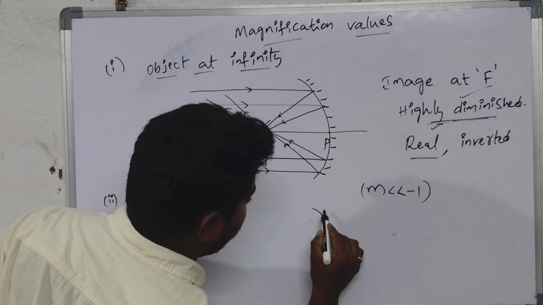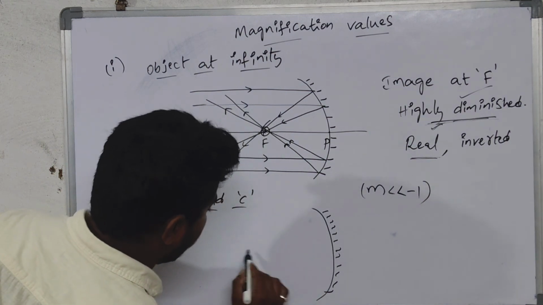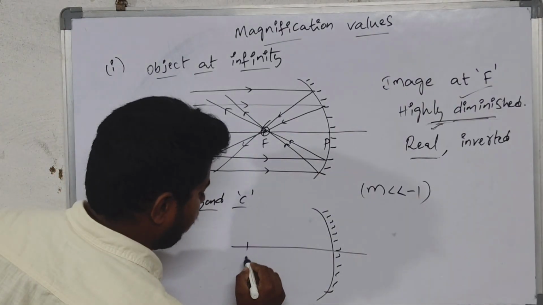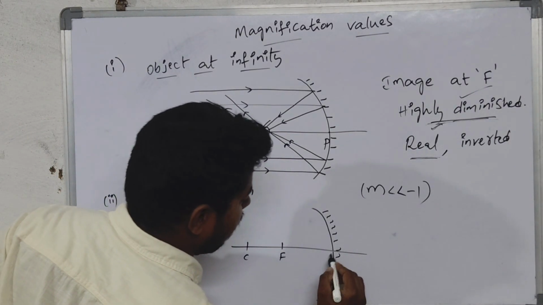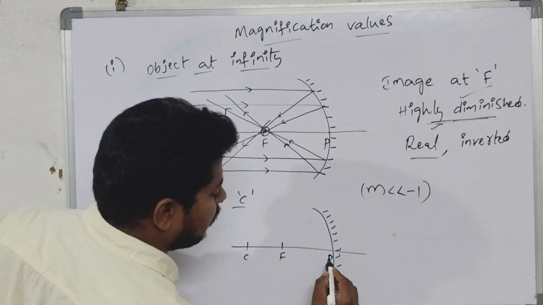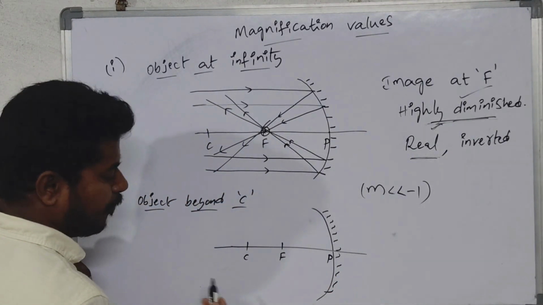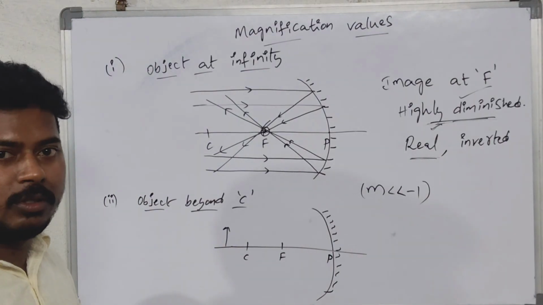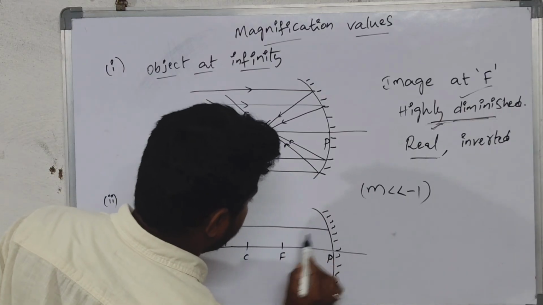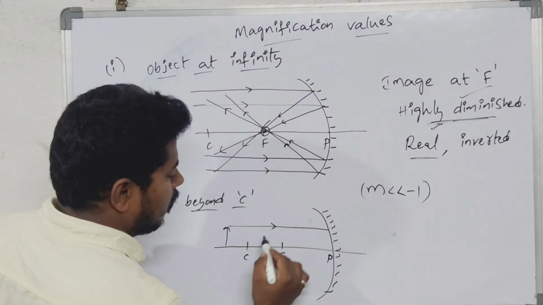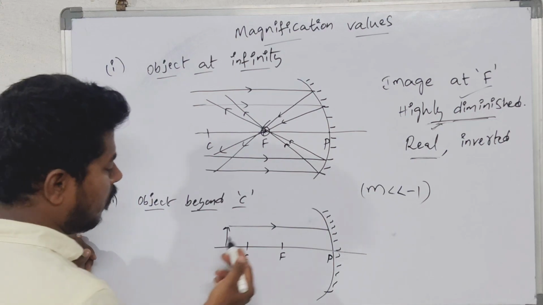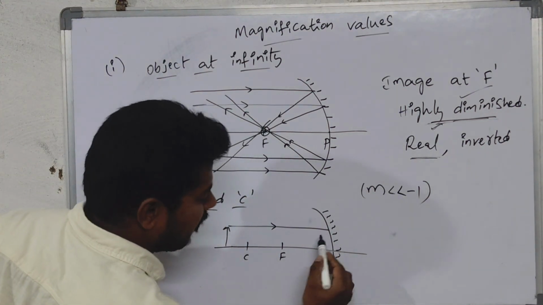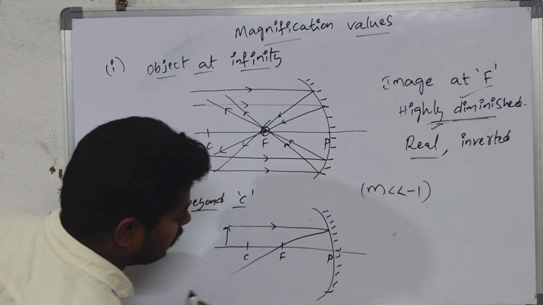This is a concave mirror, a curved inward reflecting surface, with the principal axis passing through the center of the mirror, and the center of curvature, focus and pole lie on the principal axis, and our object is placed beyond the center of curvature. Now we have to apply the possible rules. This incident ray is always towards the mirror, strikes the mirror, is reflected back and passes through the focus.